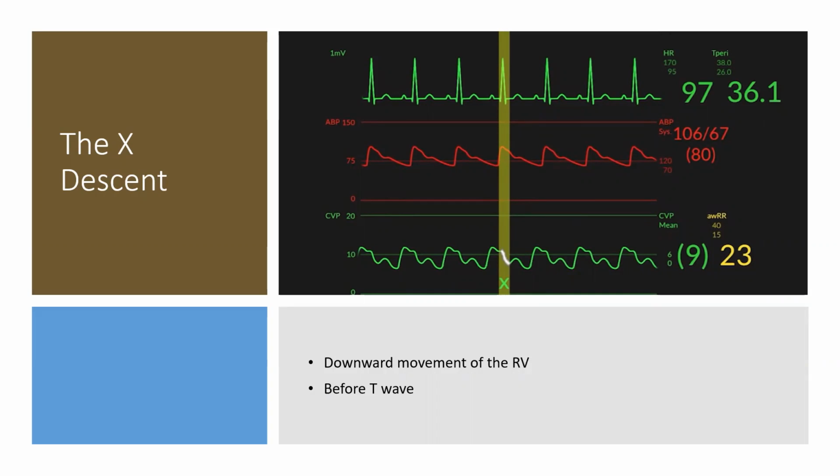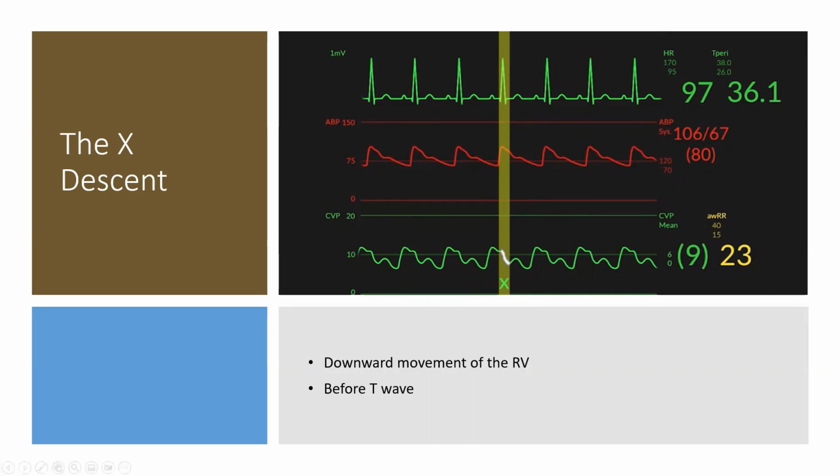And actually, this is the movement of the right ventricle as it descends after contraction. Okay, so A wave, C wave, and then we have the X wave or the X descent. This is going to be within the QRS of the ECG.